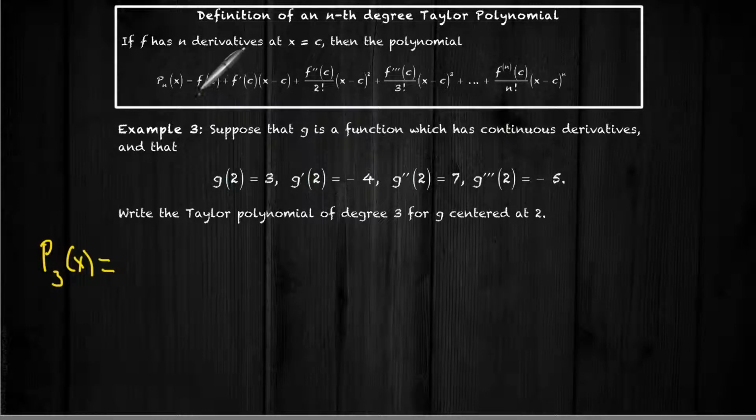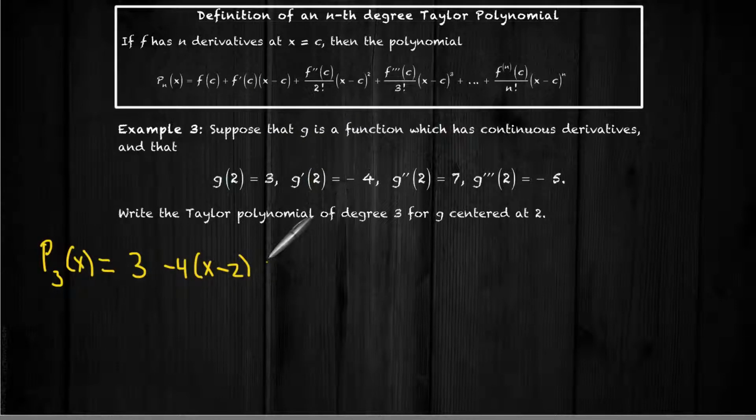And that's going to equal g of 2, which is 3. They give us that. And then we're going to take g prime of 2, which is negative 4, times (x minus 2), where it's centered at 2, just not squared.